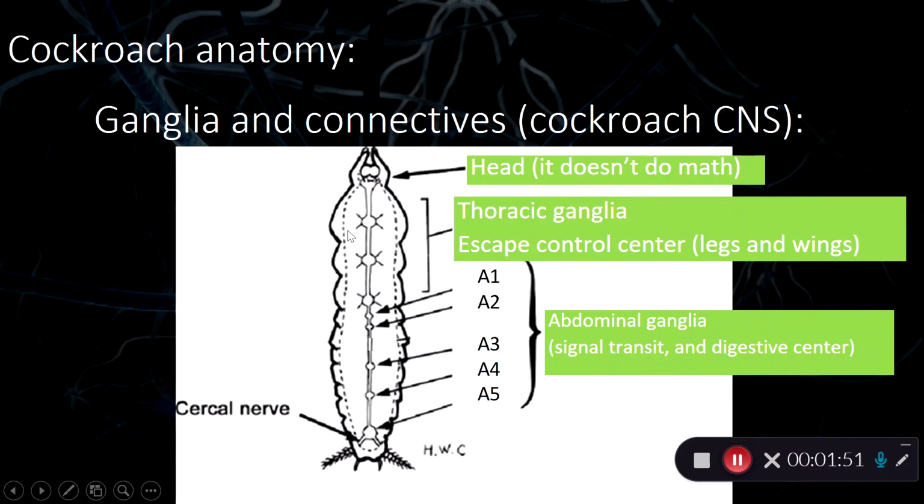In their thoracic region, they have 3 ganglia. In their abdominal region, they have 5. For the thoracic region, it is more of an escape center because their legs and wings are connected there. For the abdominal region, it's more of a signal transit and dissective center.